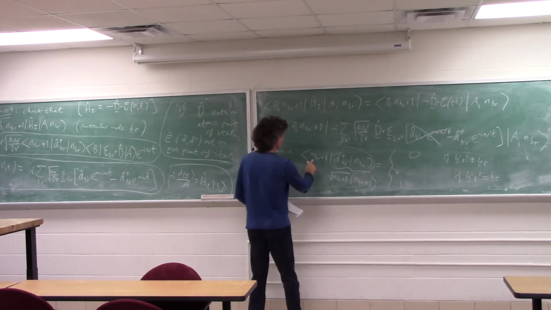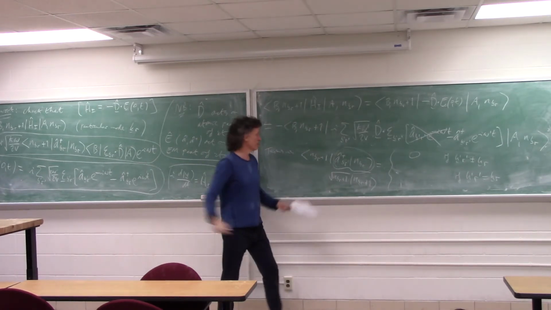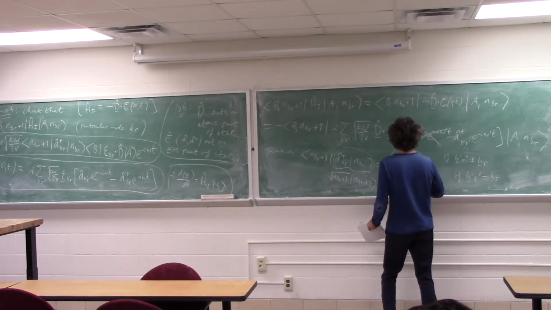Of course, now the inner product of n kr plus 1 with n kr plus 1 is 1, and so this inner product is now the square root of n kr plus 1.